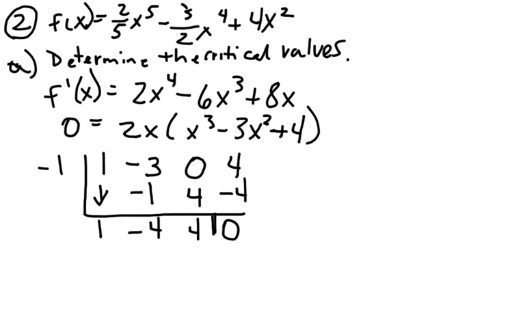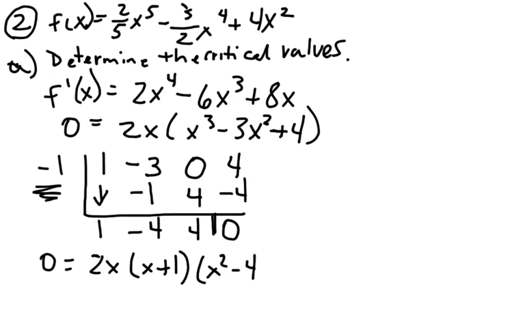So we have 0 equals 2x, that was already here, times, what does this negative 1 mean the factor is? X plus 1. Remember that the 0 is always the opposite sign of the way we see it in that linear factor. And then that leaves behind, from these coefficients, x squared minus 4x plus 4.